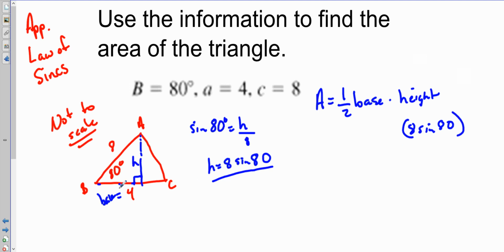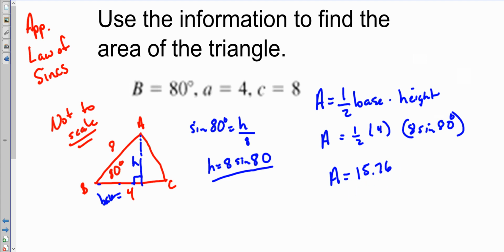Our base has to be this length right here, so we multiply that by 4, and then by this 1/2, and that gives us our area. You would have to put this in your calculator, making sure you have it in degrees. When you solve this, the area is about 15.76 if we round to 2 decimal places.